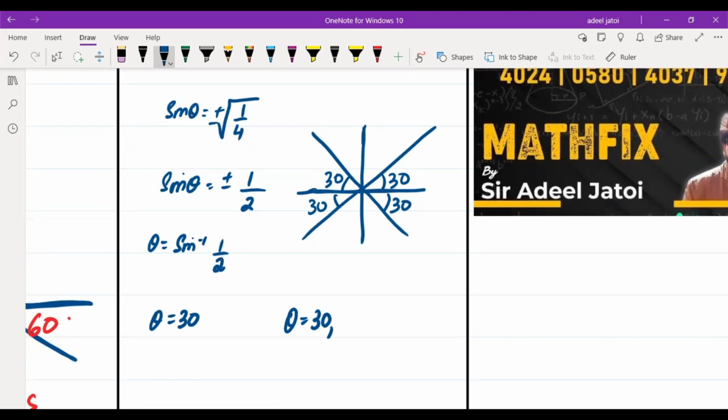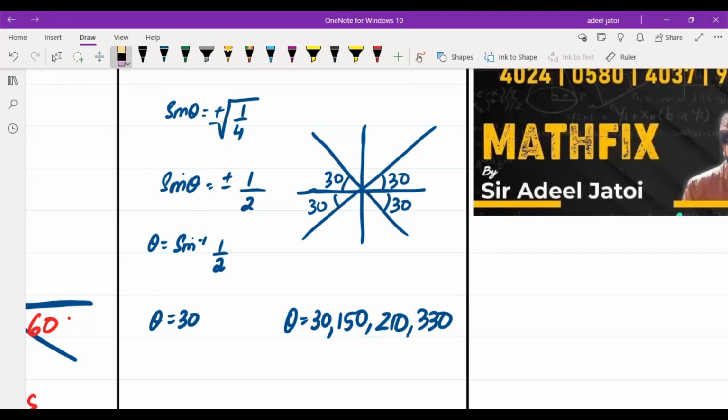The other would be 180 minus 30, which is 150. Then 180 plus 30, which is 210. And finally, 30 subtracted from 360, so this should be 330. So the end result is 30, 150, 210, and 330.